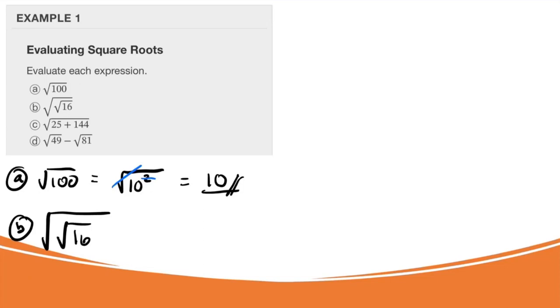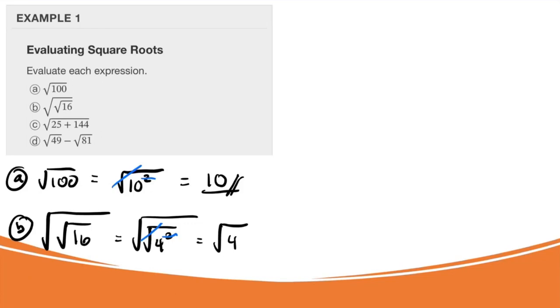So with part B, we're just going to focus on just the square root of 16 by itself, right? Square root of 16, well, 16 is a perfect square, right? So that's the same as what? 16 is 4 squared, right? So this symbol cancels this symbol. That means we're really just working with the square root of 4. Well, 4 is a perfect square as well.